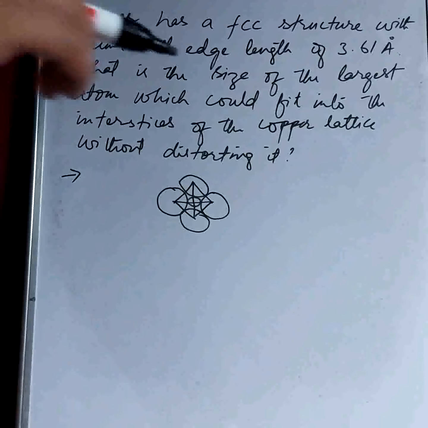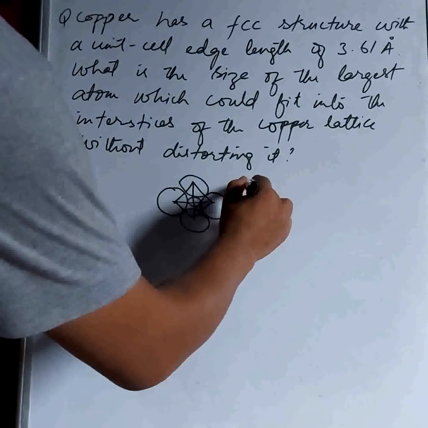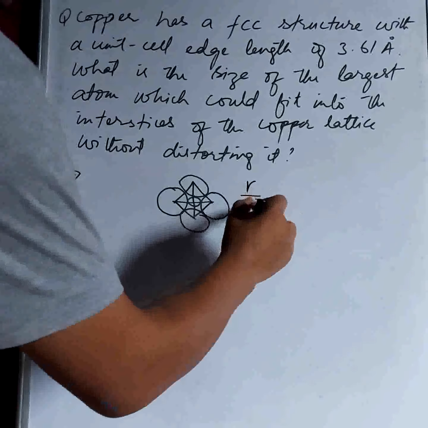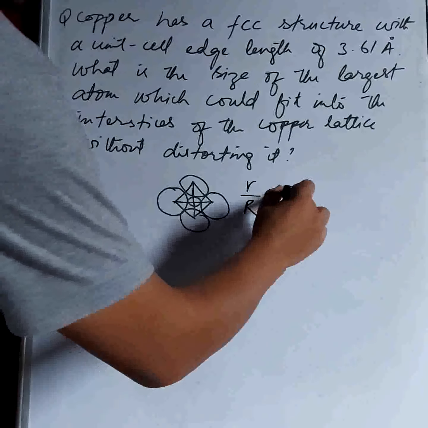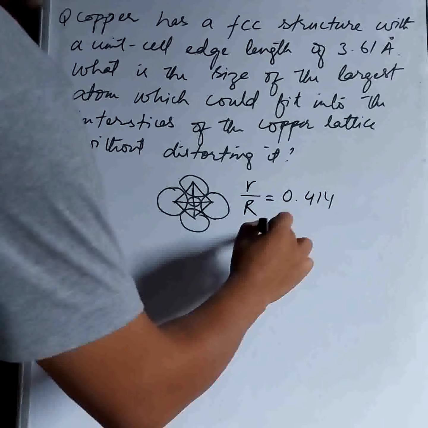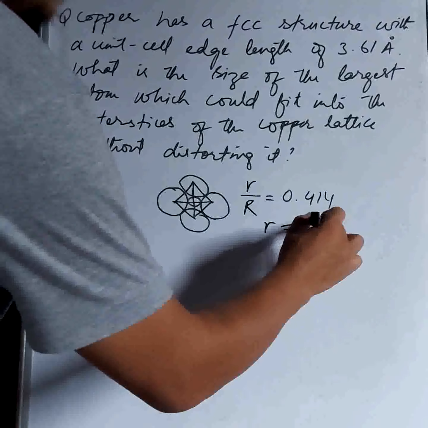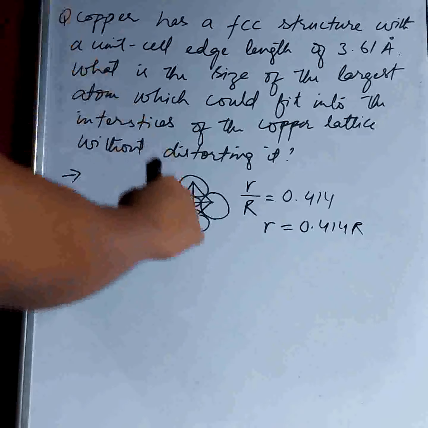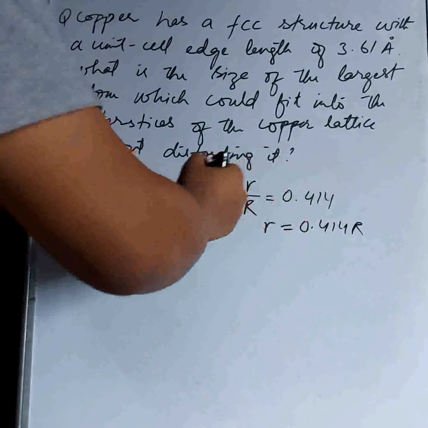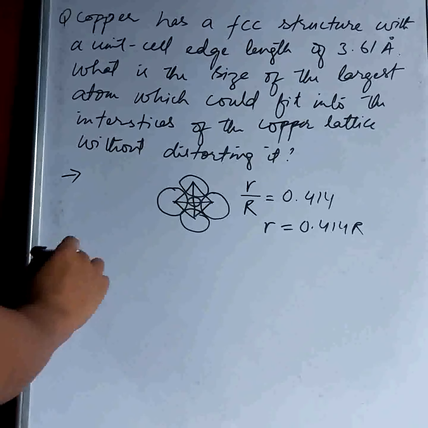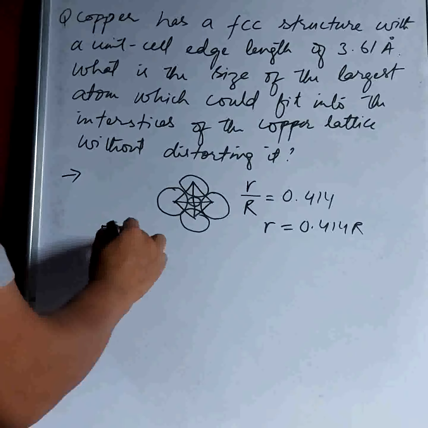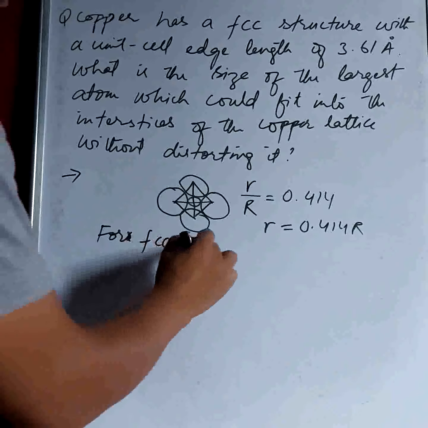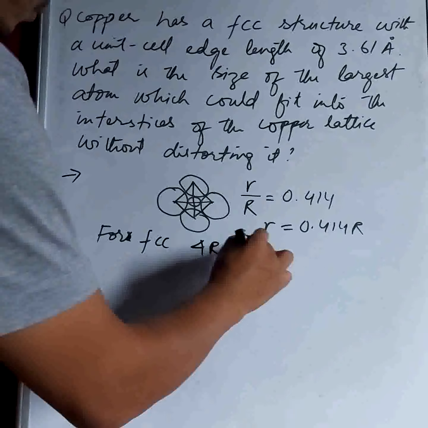So we know that the relationship, the radius ratio is r by R, for octahedral, it's 0.414. So our octahedral would be 0.414 R, and the relationship between the big R and the edge length for FCC is 4R equals root 2 a.